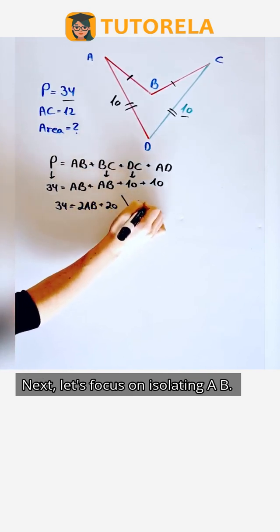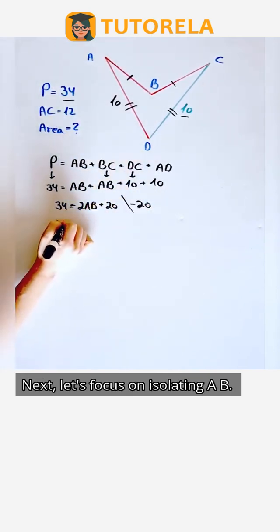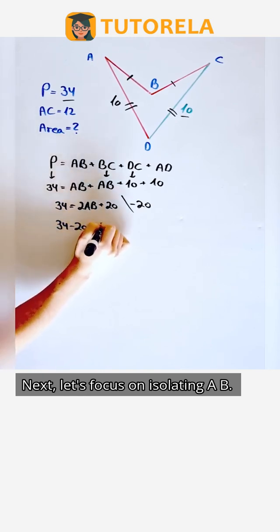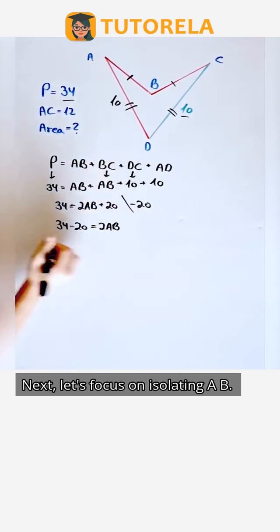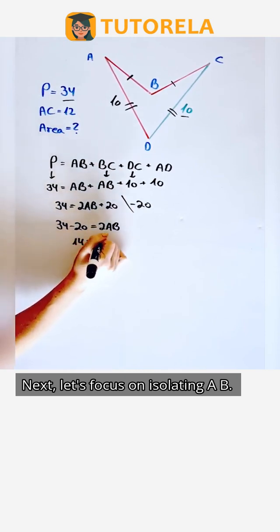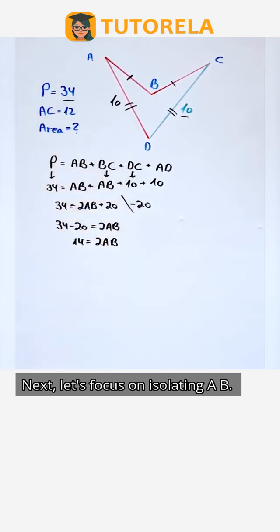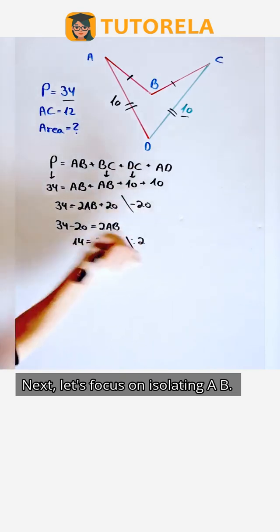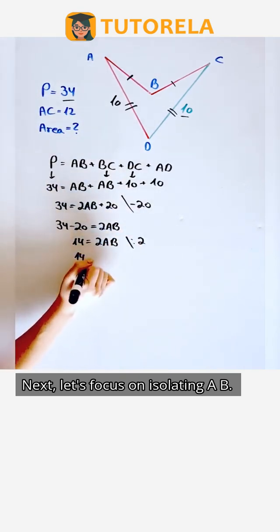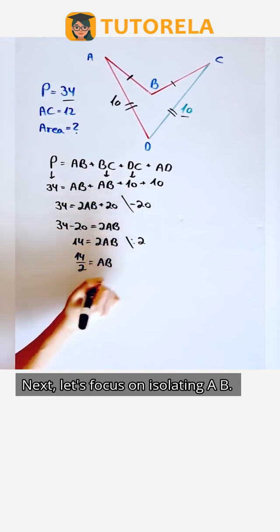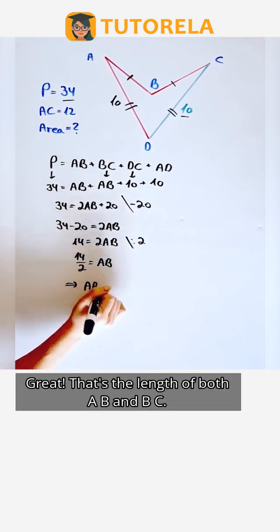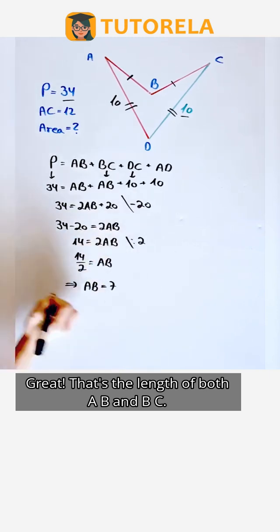Next, let's focus on isolating AB. Great, that's the length of both AB and BC.